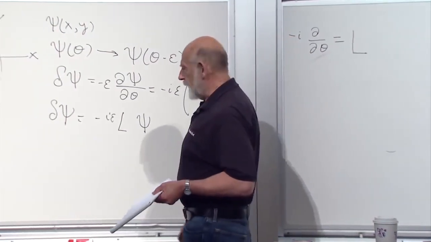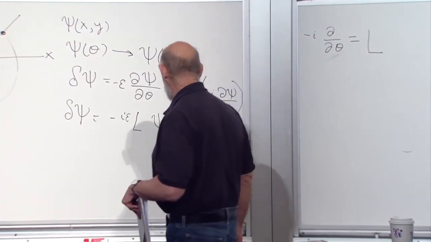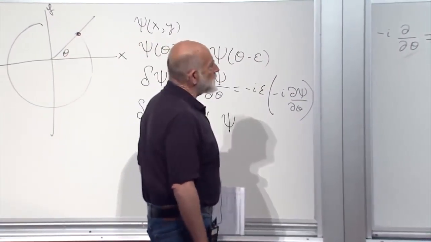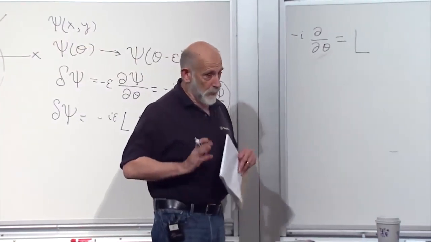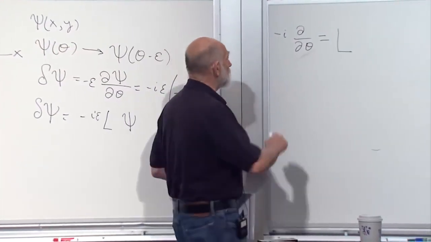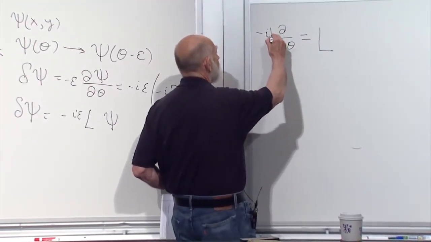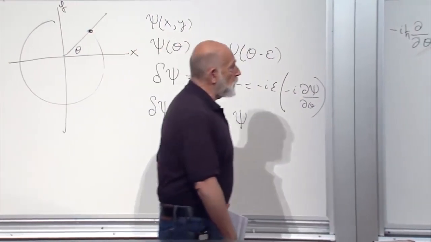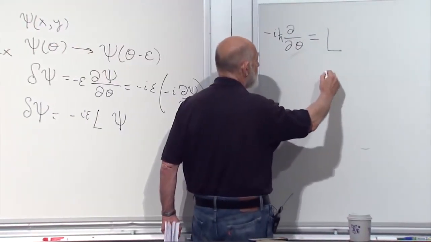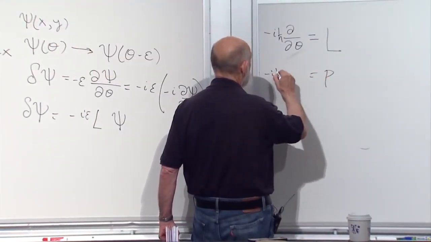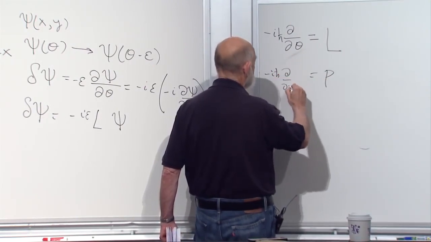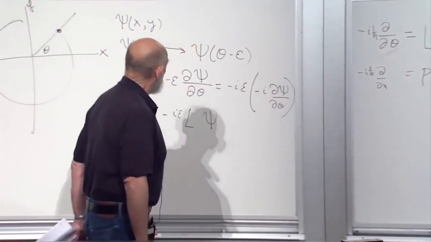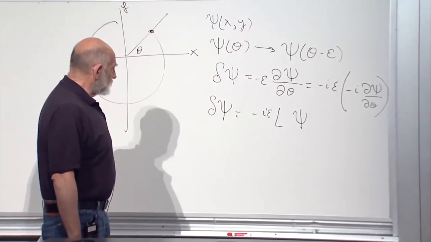I'll surely drop them again, but just to remind you where they go, the precise definition, including h bars, when we don't set h bar to 1, contains an h bar over here. That's the same h bar that occurs in the momentum, p equals minus i h bar d by dx. Same h bar.